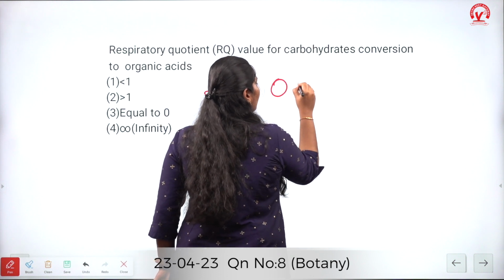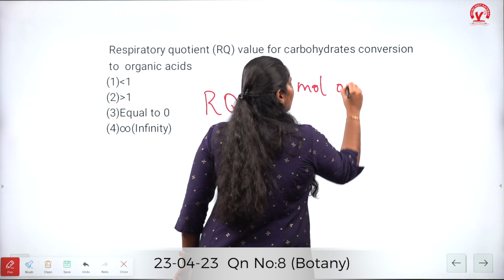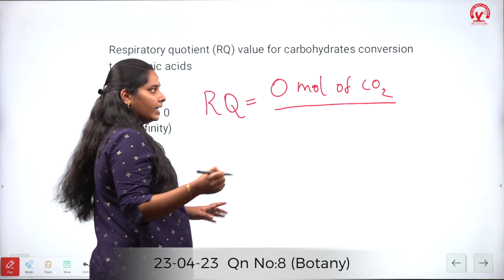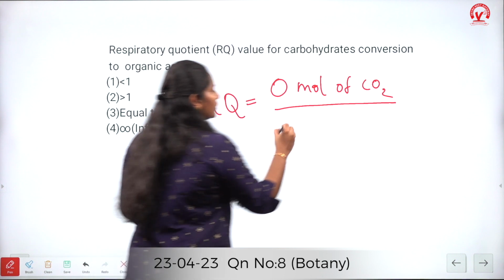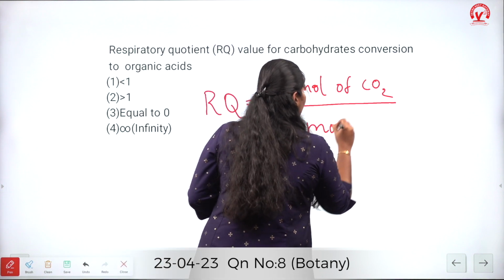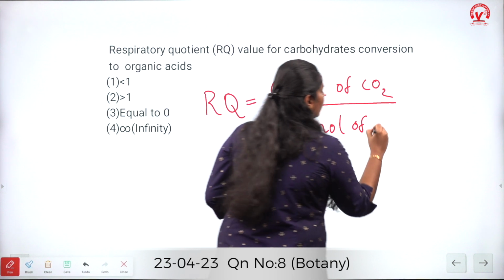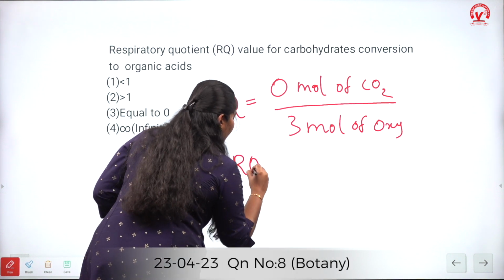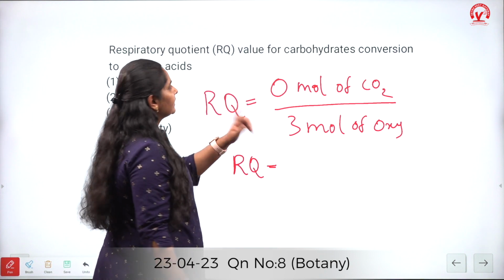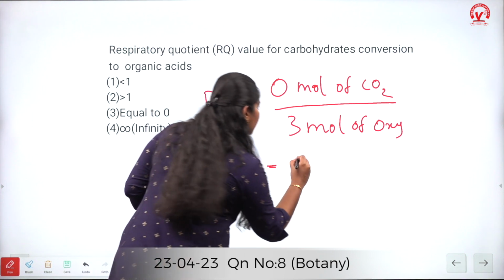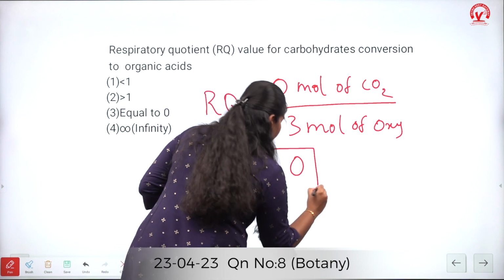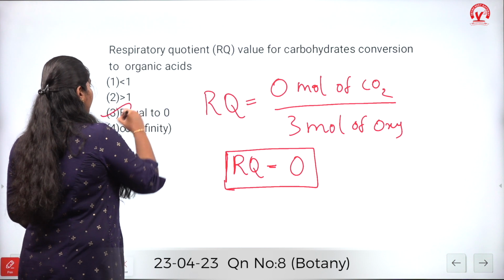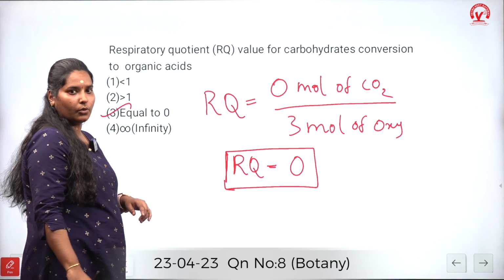So 0 molecules of carbon dioxide and 3 molecules of oxygen consumed. So the RQ value of carbohydrate conversion into organic acid is 0. So the answer is option 3, which is equal to 0.